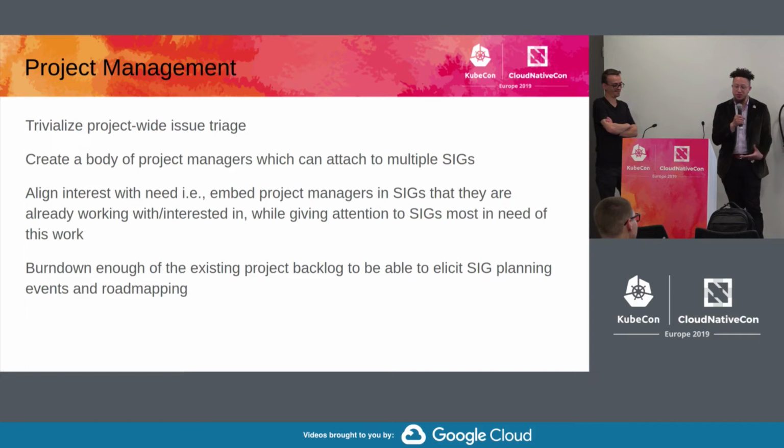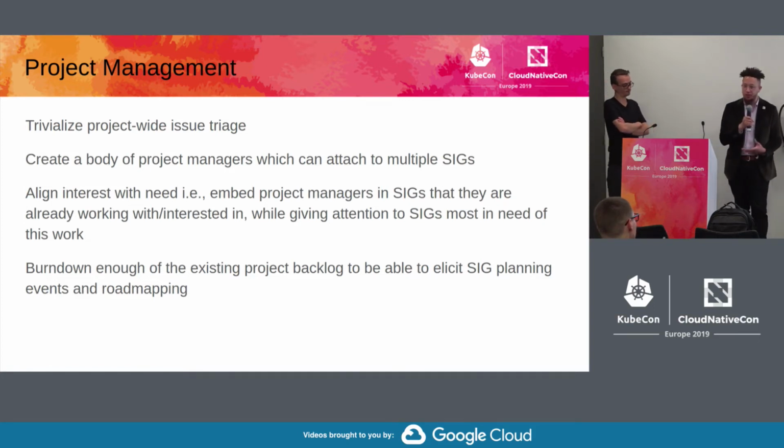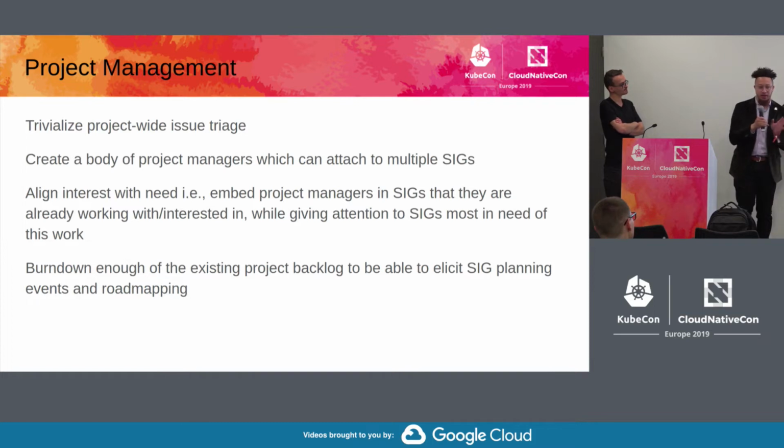So what we want to do is create a body of project managers within SIG-PM and also align their interest with the need, right? So figure out the SIGs that are dying for help, the SIG nodes, the SIG-auths, SIG networks, and find project managers that are interested in working on that content so that they can feel embedded within the SIG once we assign them to a SIG, right?